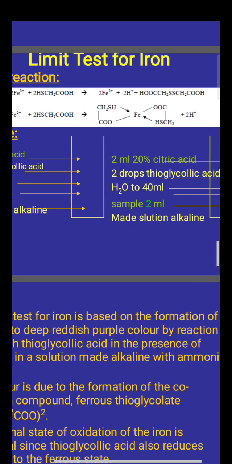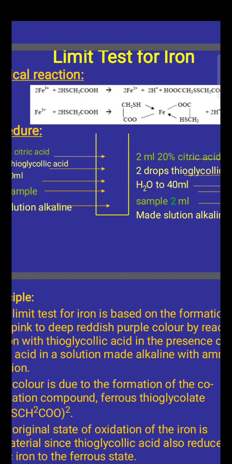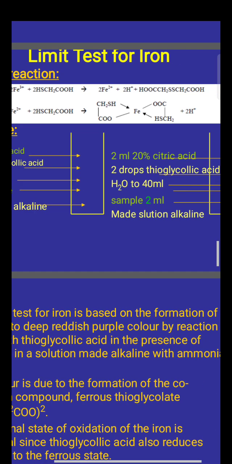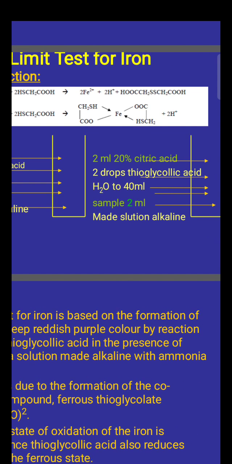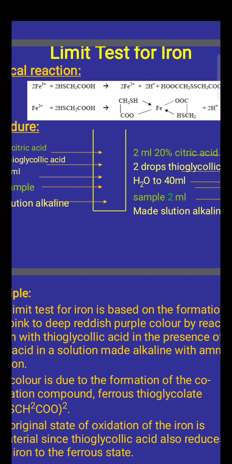It will not form a complex with thioglycolic acid. So what we have to do in the first step, thioglycolic acid reacts with the ferric ion and converts ferric to ferrous, that is Fe2+. You can see here on the product side there is a formation of ferrous. Ferric is Fe3+ and ferrous means Fe2+.